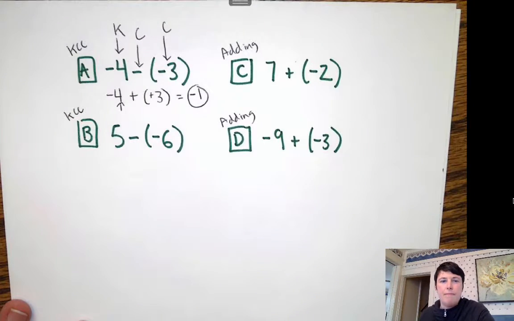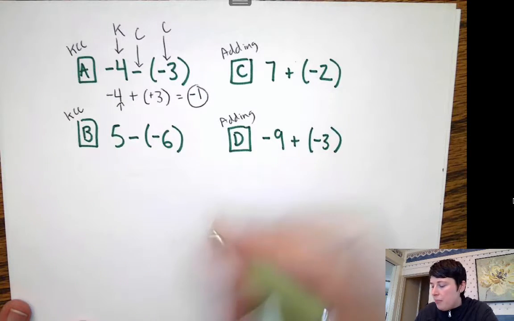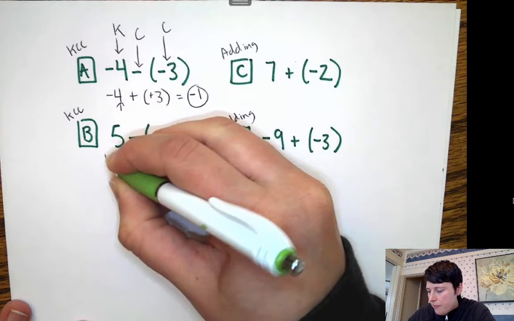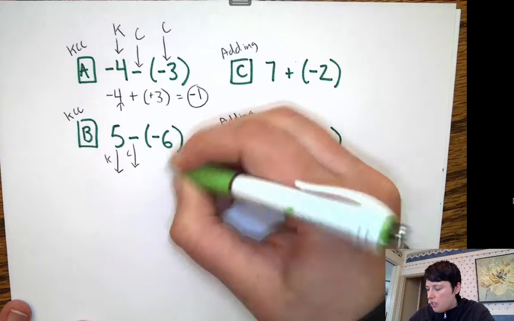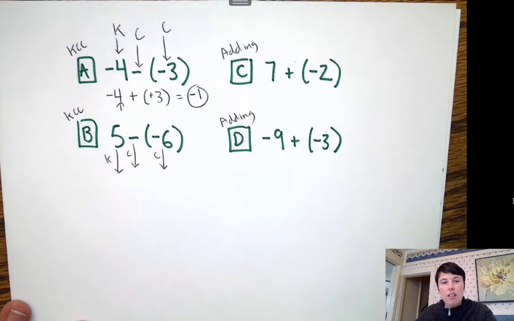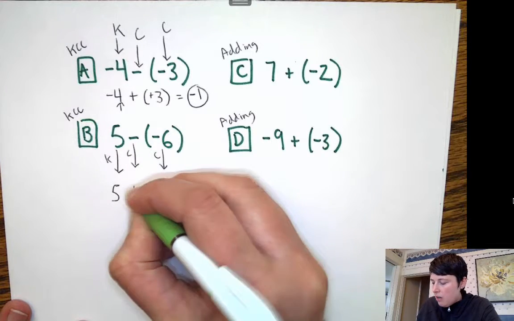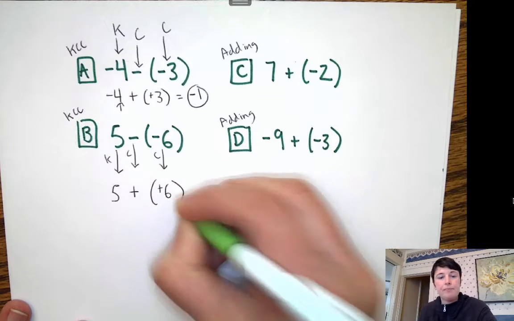And I've got it. Let's try B. It's another K.C.C. problem. We're going to keep, change, change. We're going to keep the 5. That's the K. We're going to change the subtraction to addition. And we're going to change the -6. So we're going to keep the 5, we're going to change minus to adding, and we're going to change the -6 to a +6.